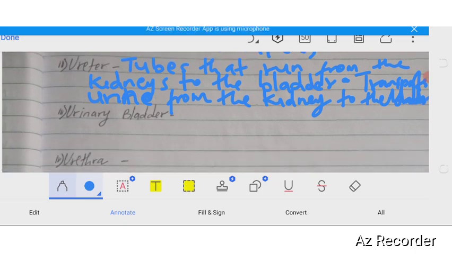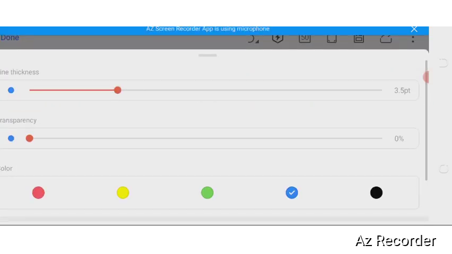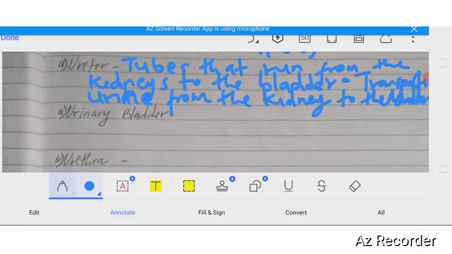So from there we go to another part, which is the urinary bladder.